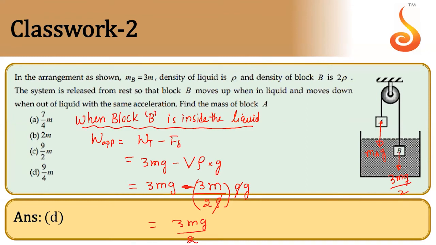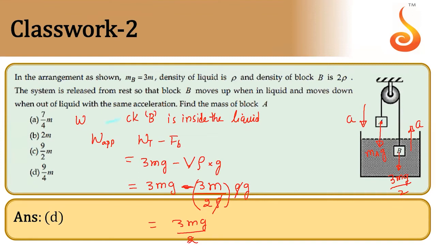According to the question, block A is going downward and block B is going upward with the same acceleration. Now we put the formula for acceleration. Copy this. Have I copied this? Okay.